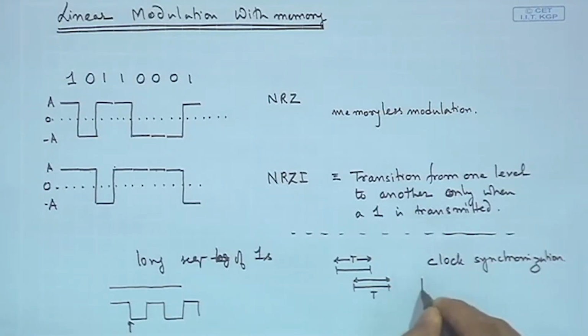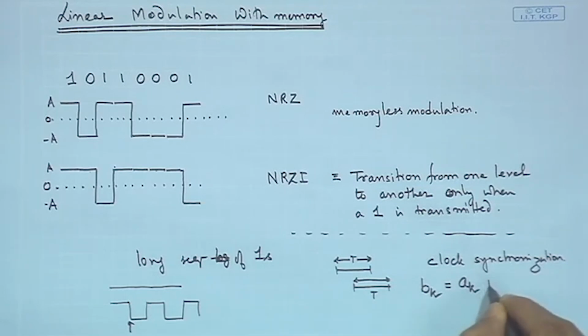And in this case, we could say the output bit Bk is equal to Ak, the input bit, modulo 2 addition of the previous output, right.